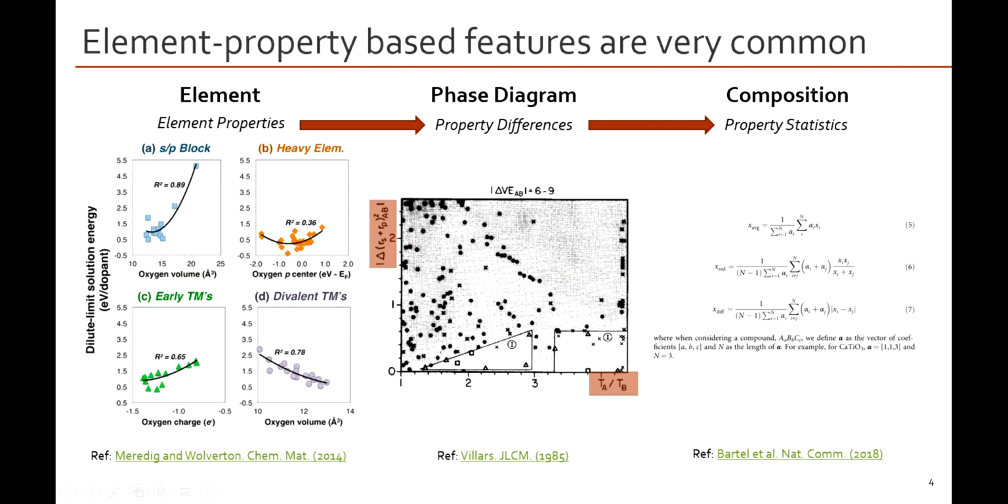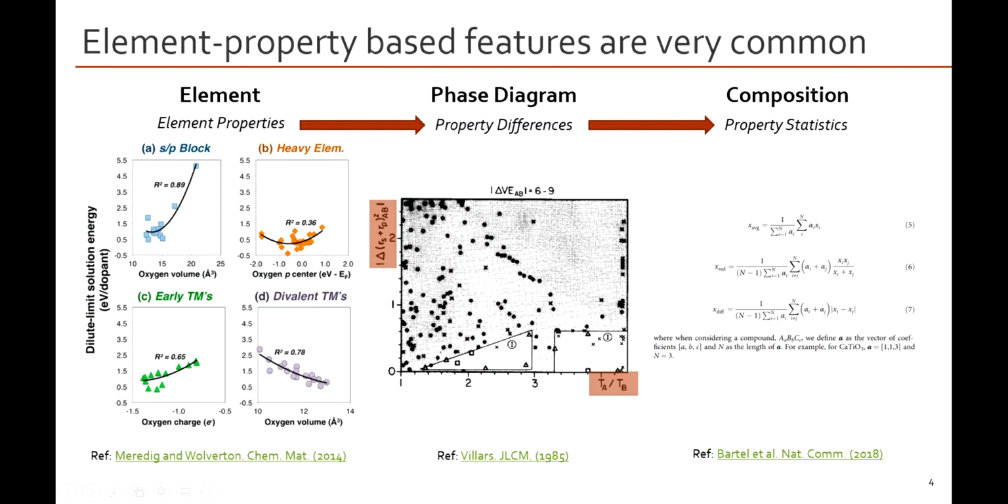And one common way that's been used to model such materials over the years has been to consider the properties of those different elements. If I look at a paper from Bryce Meredig and Chris Wolverton in 2014, they built models to predict how different elements will dissolve in zirconia, a very important material for applications like thermal barrier coatings in jet engine alloys, and found that if I look at, say, the size of the oxygen in the oxide formed by that element, that can tell me which materials are better dopants, say for S and P block elements.